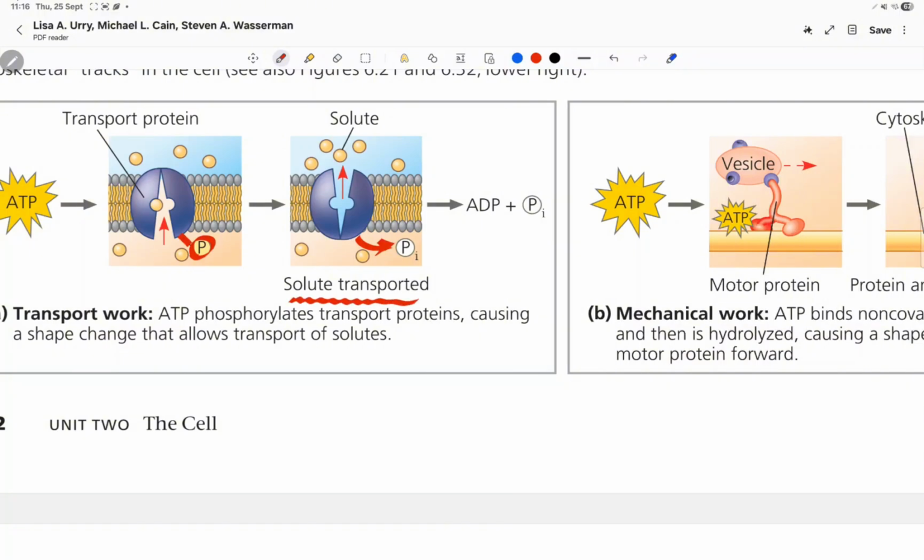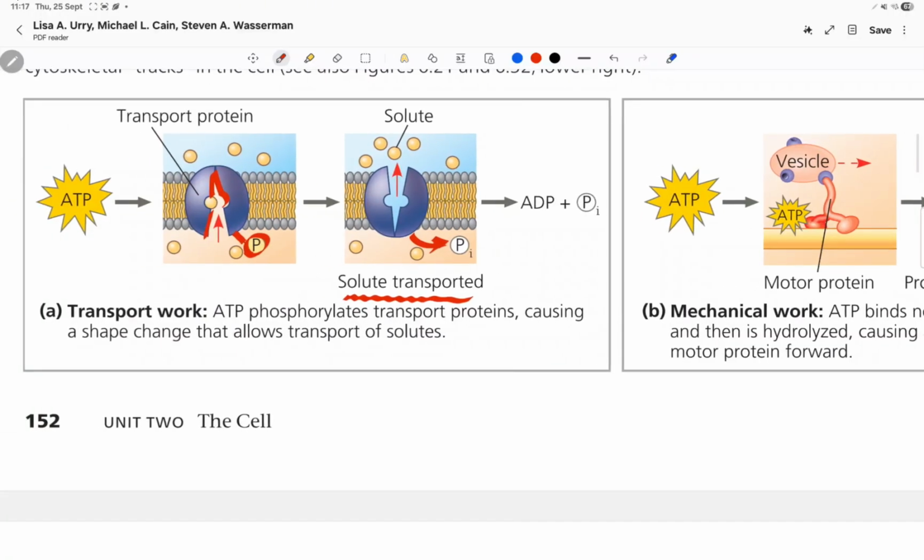Okay, so maybe the transport protein is only open in one way. When there is phosphate, once the P is removed, it's going to open now in the opposite way. So sometimes phosphate can be used to activate things or deactivate them. In this case, the ATP phosphorylates the transport protein, causing a shape change that allows it to transport solute.